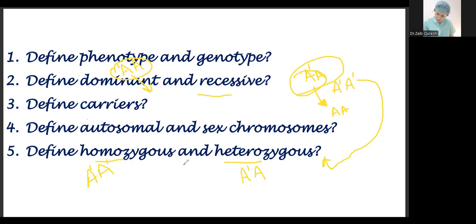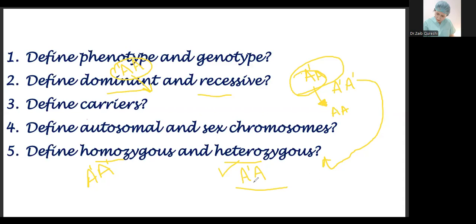So, in a dominant disease, now we will summarize everything we have studied. In a dominant disease, if a person is heterozygous, will he show the disease? Guys, if you have a heterozygous person in a dominant one, is he showing the disease? Yes, he will show the disease.